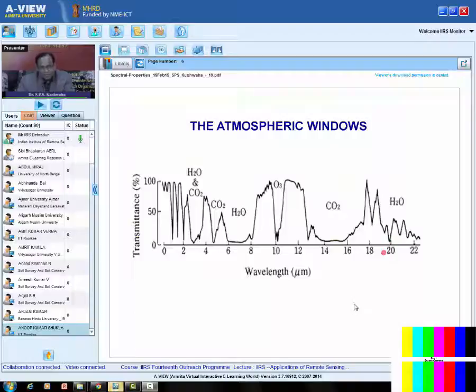By this diagram, I need to emphasize that we have fewer opportunities. The entire electromagnetic spectrum cannot be used, but we should look for the atmospheric windows or avenues which help us in focusing on those areas for developing sensors for various purposes.